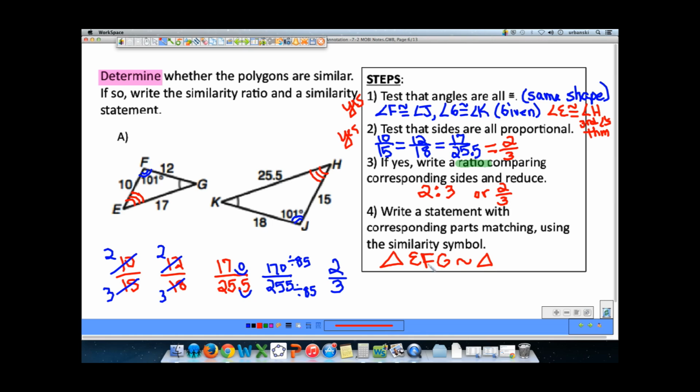And all you have to do is make these letters match up with these. So E has 3 marks, it goes with H, 3 marks. So E is first, so you put H first. The F is 2 marks, so it goes with J, 2 marks. The G is 1 mark, it goes with K, 1 mark, and then you're done.